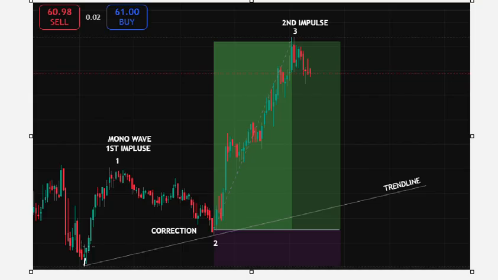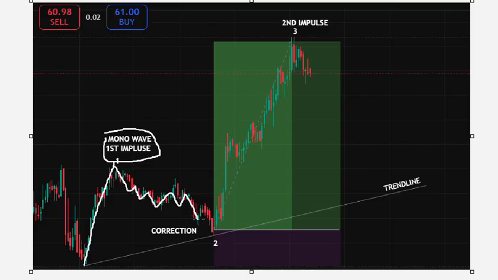The first move to the upside is always sharp and it's clear to us, alright? But this move cannot be named a mono wave or the first impulse before a correction.